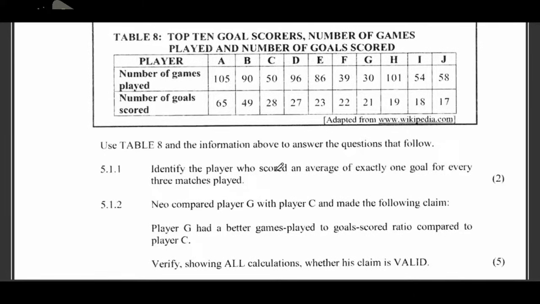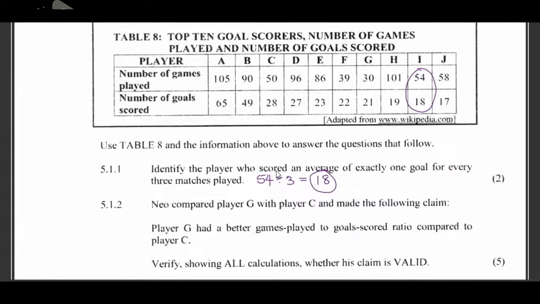So now take note. We need to look at the number here on average. I saw this player I, because remember, these are 3 matches. So we divide by 3. What do you get? 18.